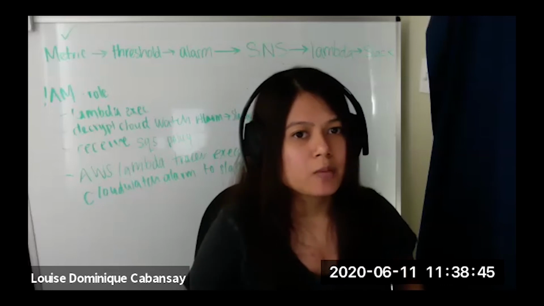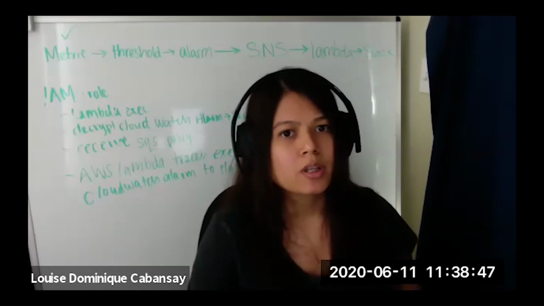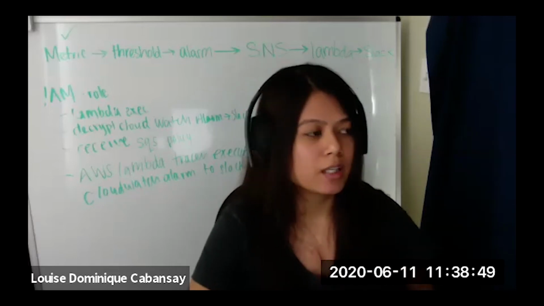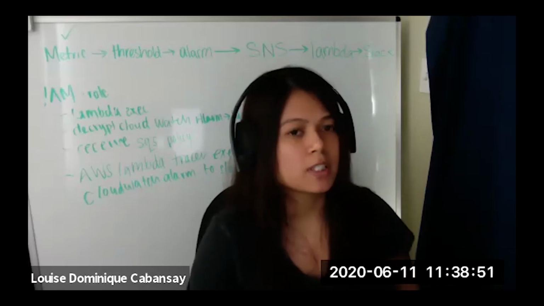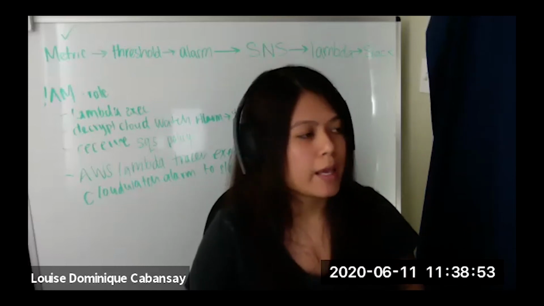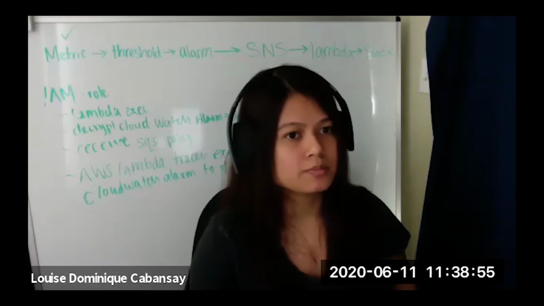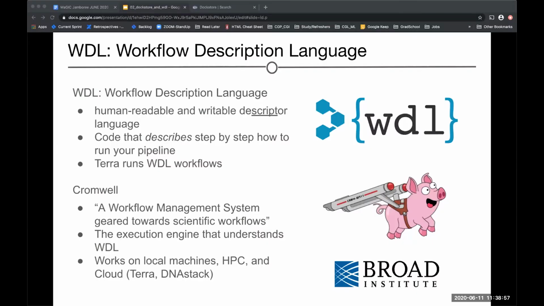So I'm going to go over an example of descriptors and parameter files concretely using the workflow description language, aka WDL. WDL is an open source scripting language which allows you to specify data processing workflows in a human readable and writable syntax.